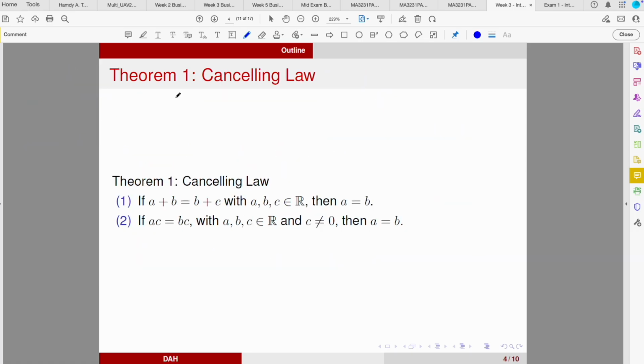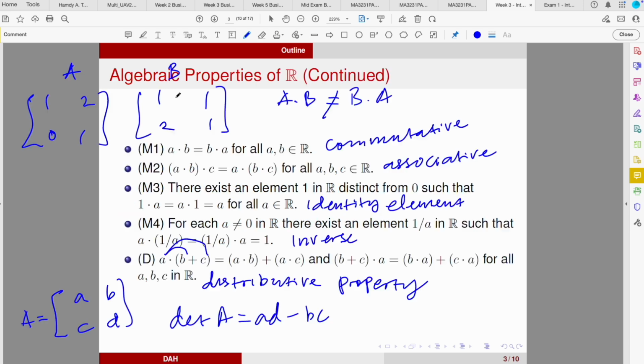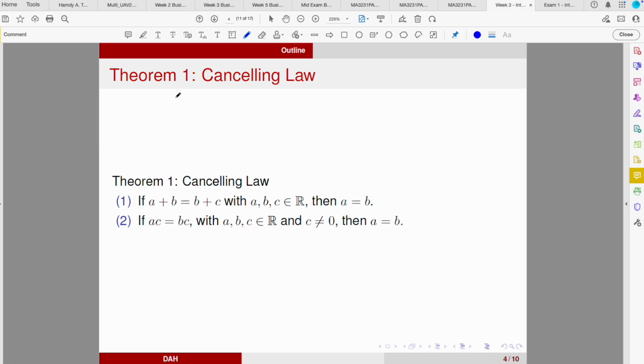Okay, now we continue with the theorem. Theorem 1, canceling law. What you can use is only the axioms here to prove this statement. Theorem 1: if A plus C equals B plus C, with A, B, C belonging to the real numbers, then A equals B. My mistake earlier, it is C, not B, I will revise that.